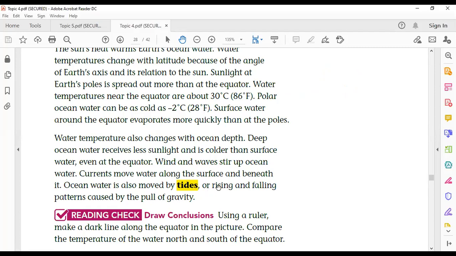For example, for a few hours there is a rising pattern of the ocean, and the ocean water reaches high distances on the shore, and on the same day the ocean water falls. So every day there are rising and falling patterns of the ocean. This is caused by the pull of gravity, so we call them tides. Okay.